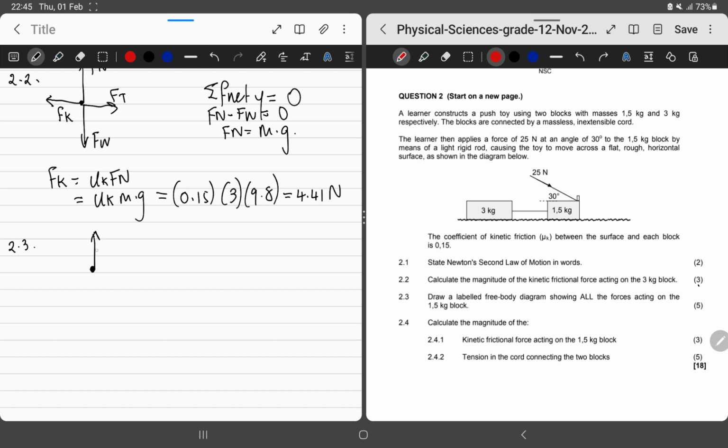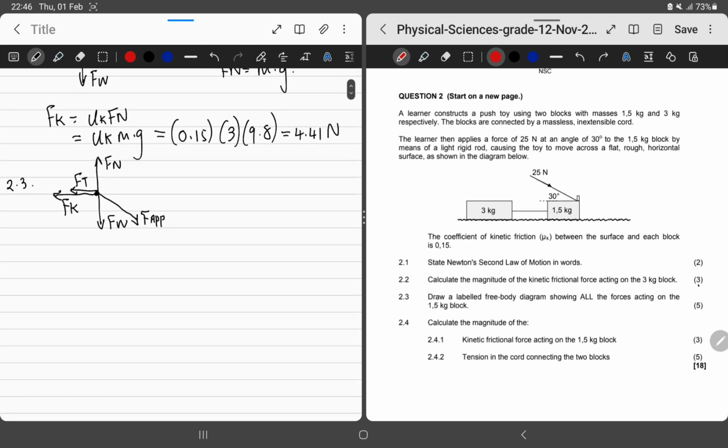We have a normal force, we have the force of weight, and in this direction I have the F applied, and then friction acts in the opposite direction, and I also have that string there, that cord. So this is the force of tension. So I have 5.